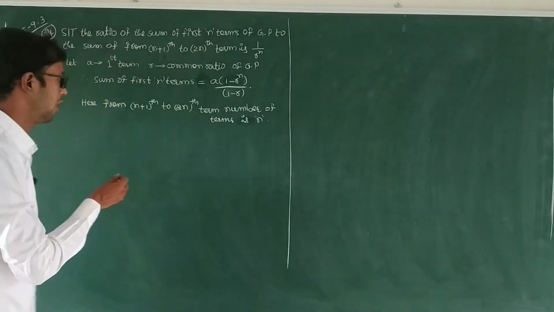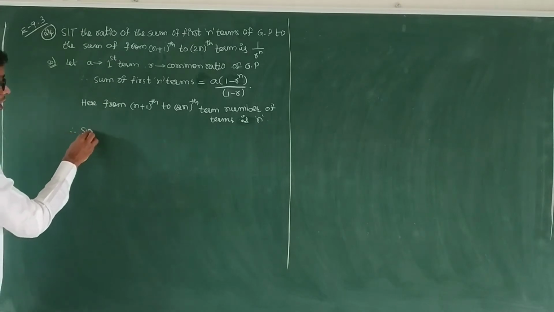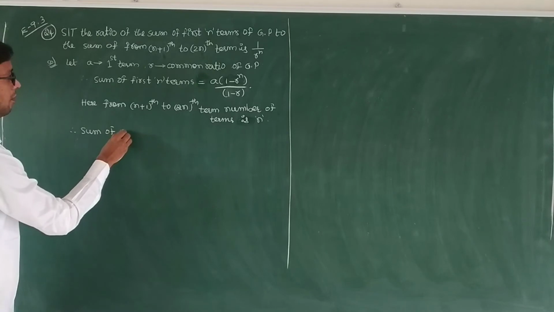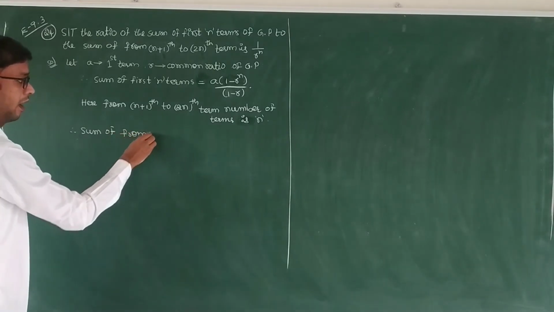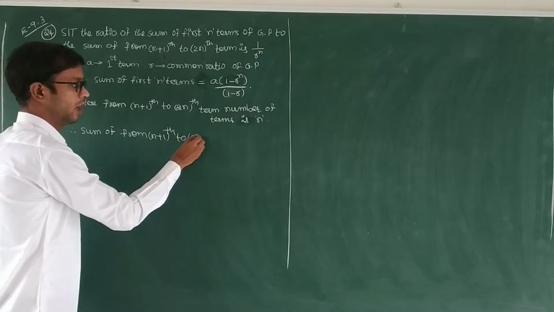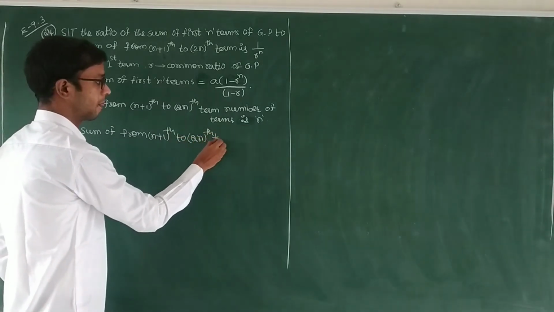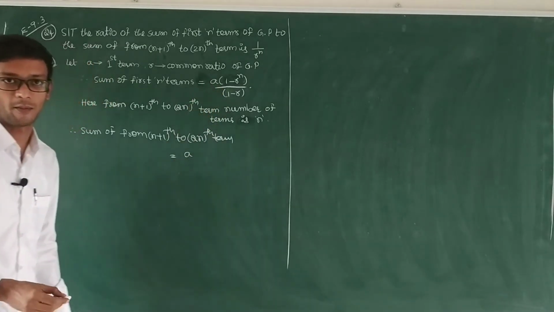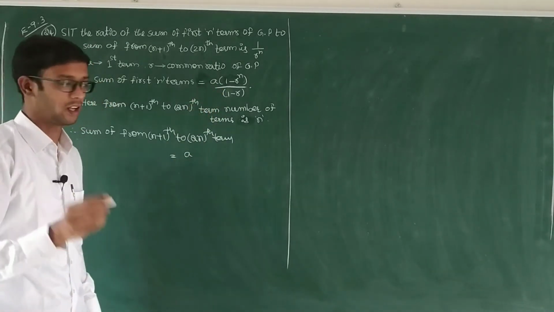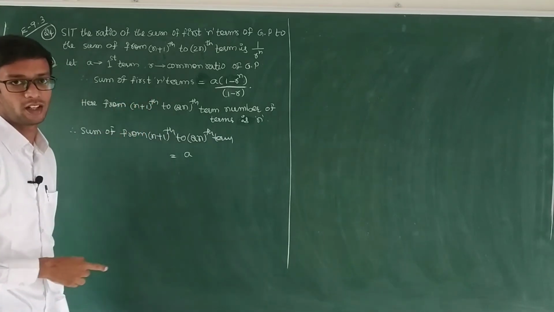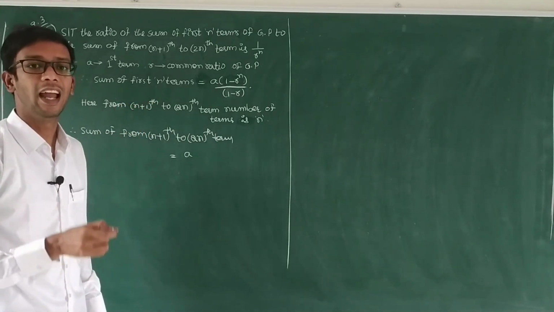So now we have to find the sum from the (n plus 1)th term to the 2nth term. Here what is the first term? The first term is the (n plus 1)th term.